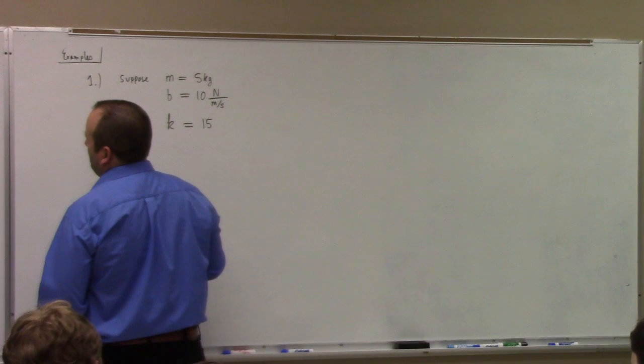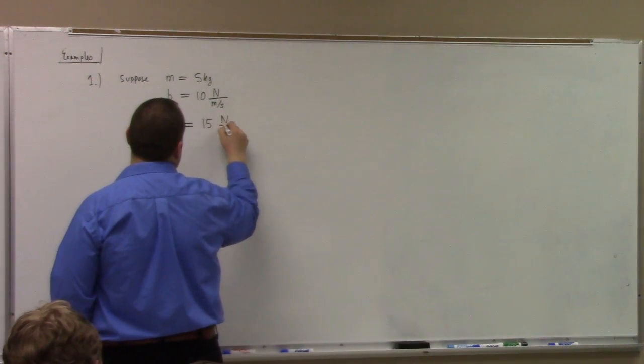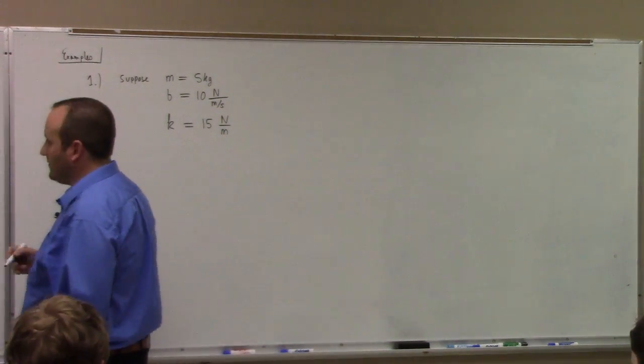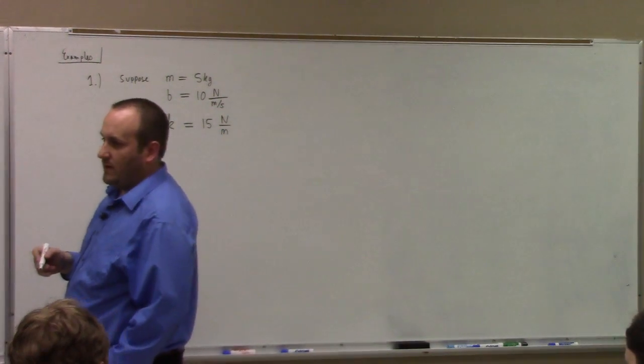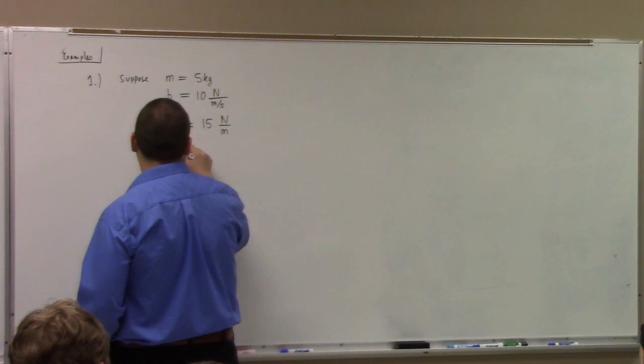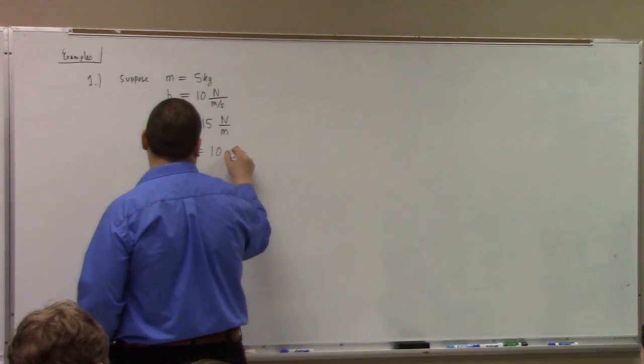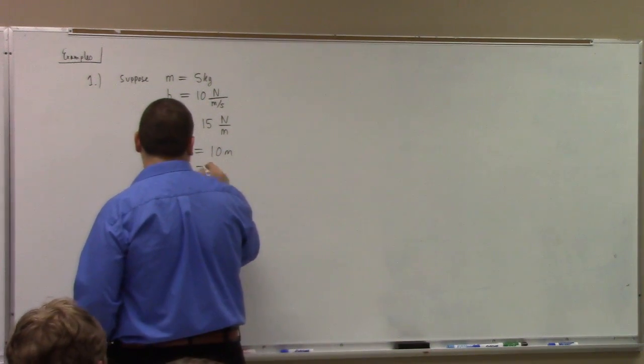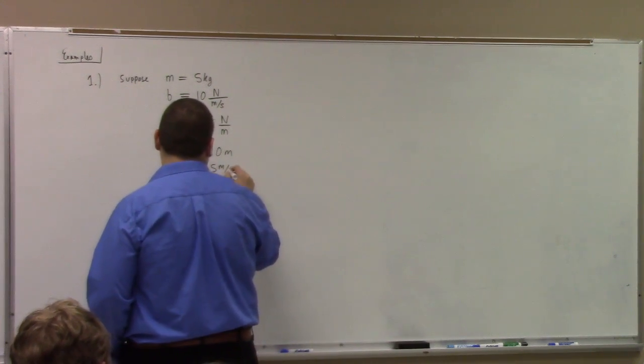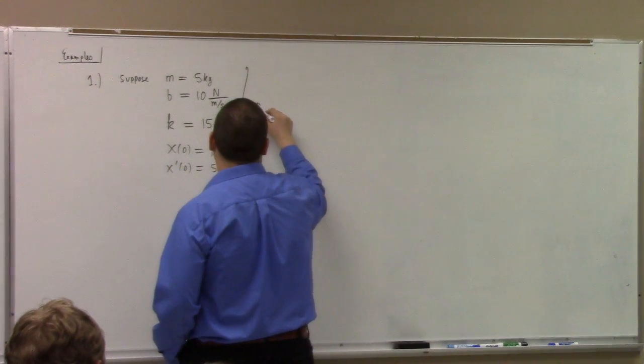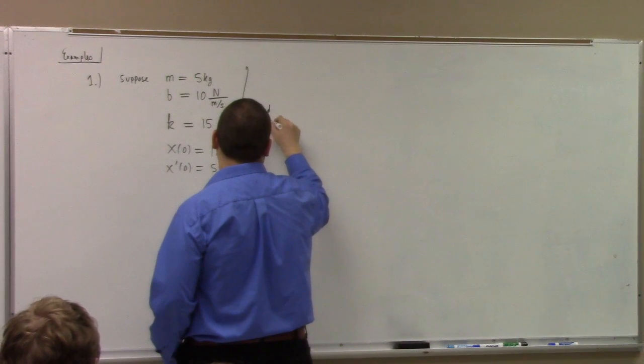Spring constant should have units of newtons per meter. Let's also suppose that x of 0 is equal to 10 meters and x prime of 0 is equal to 5 meters per second. Find the equation of motion.